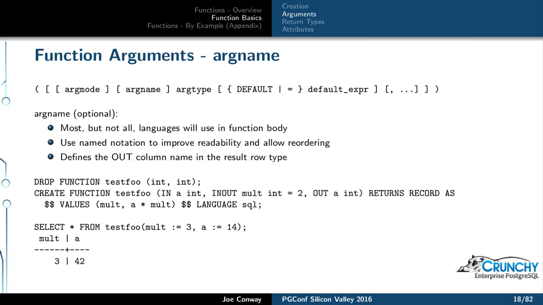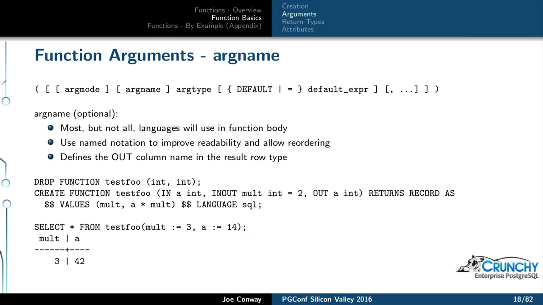The next part of the argument syntax is the argument name. As I say here, most but not all languages can use an argument name in the function body. It's been supported now in Postgres for, I don't even know if I'd hazard a guess when it came in. It was probably 8.2 or 8.3 or something, but I'm showing my age here.